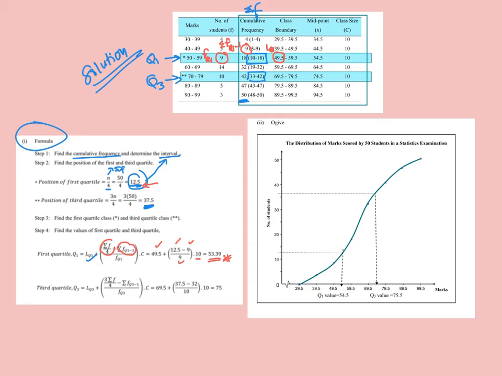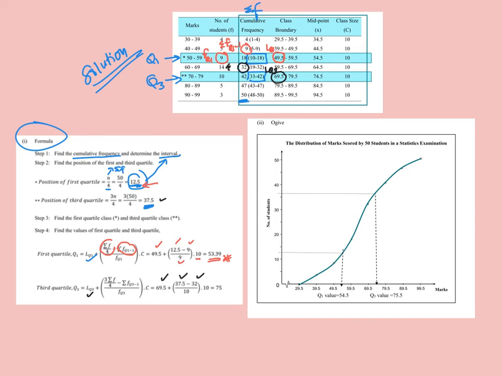The same thing happens for quartile 3. After you highlight the quartile 3 class, you look at the lower class boundary, which for quartile 3 is 69.5. We already calculated 37.5 before. 32 is the cumulative frequency before quartile 3.